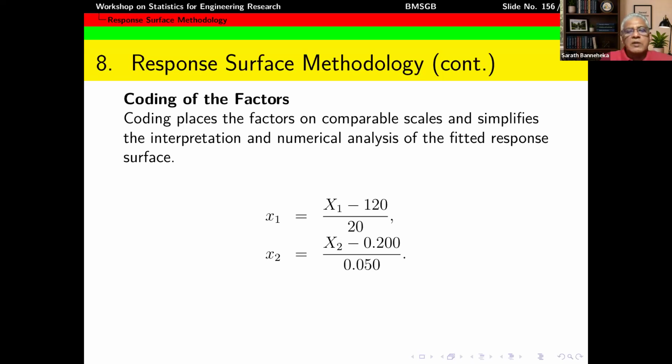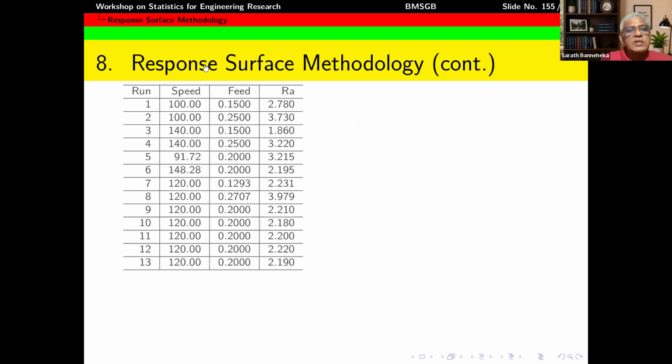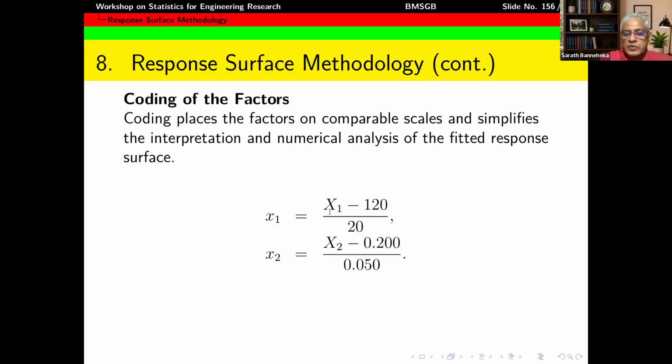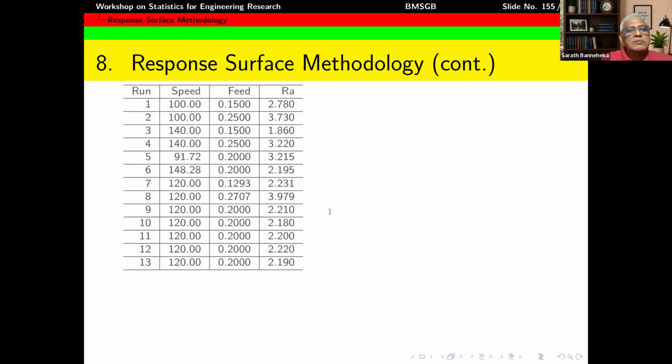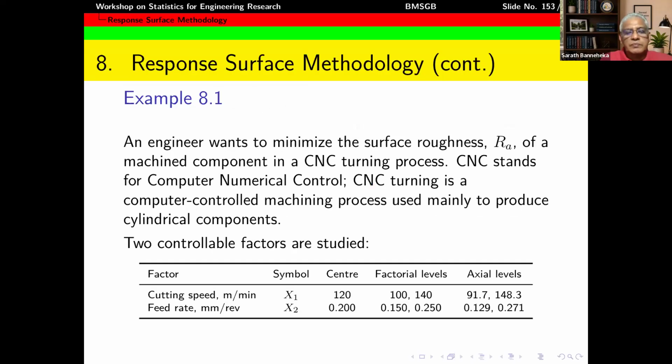So here speed is denoted by capital X1, feed is denoted by capital X2. They have been coded as simple x1 and simple x2. What we are doing here is using the centered value.